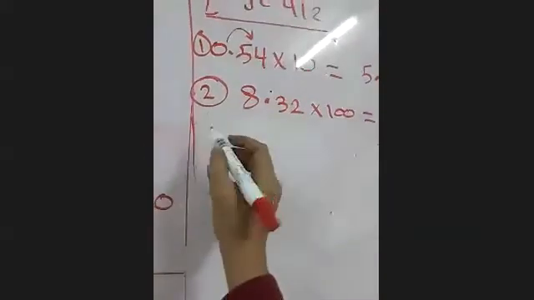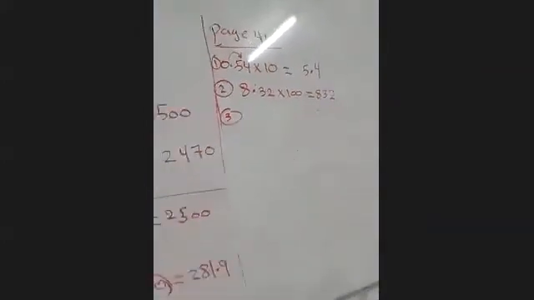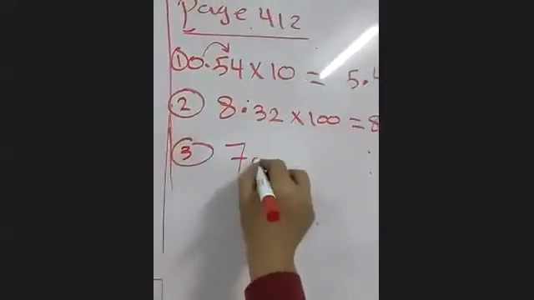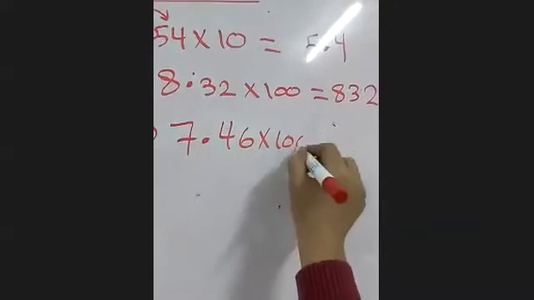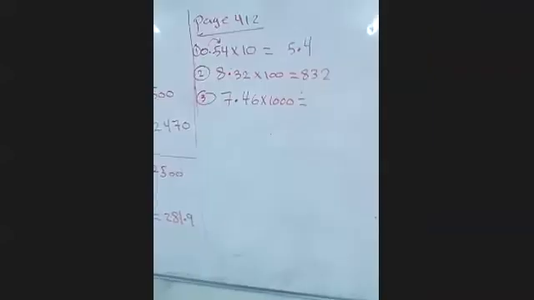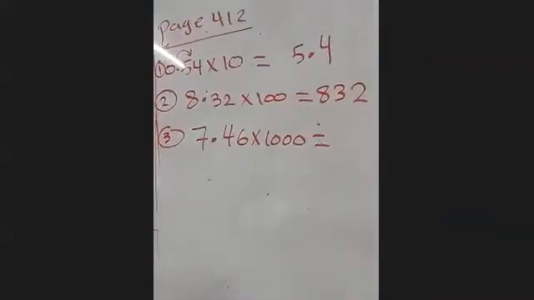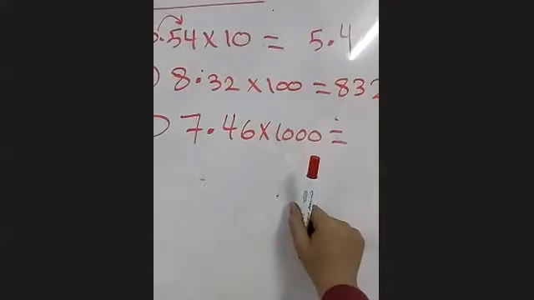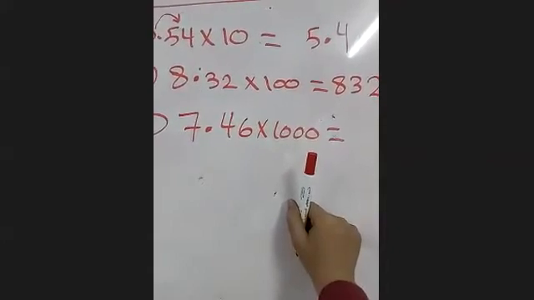Question 3. 7.46 multiply 1000. We have 1000, which is 10 power 3.